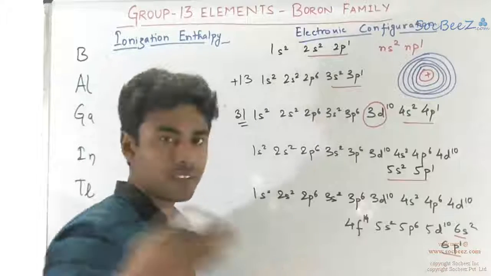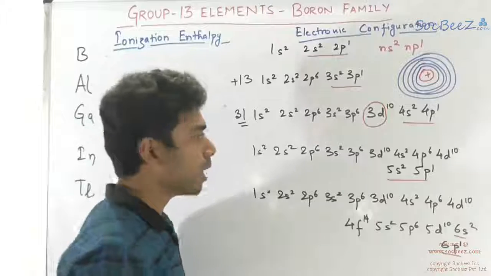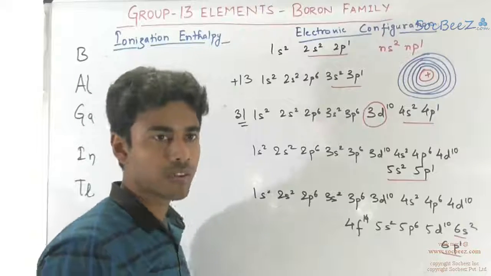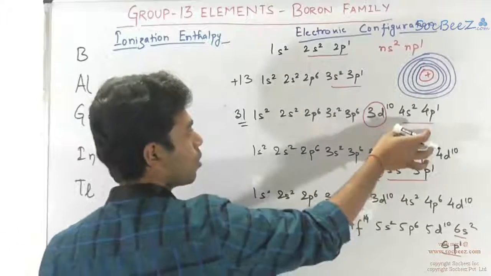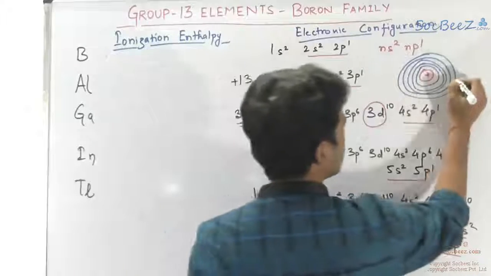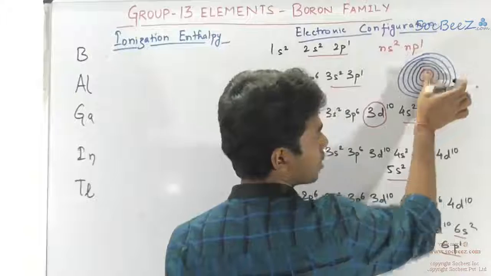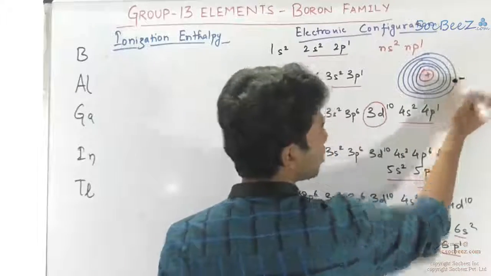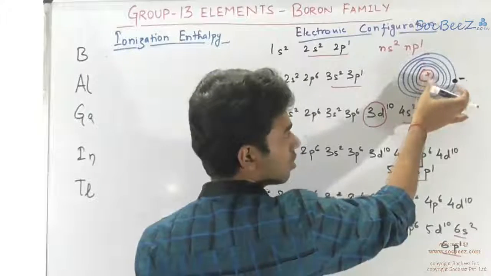As they get away, the energy required to dislodge them will be less. Why do we require energy to dislodge these electrons in the outermost shell? Because these electrons are under the effect of this nucleus. There is an electrostatic force of attraction between this positive charge and this negative charge.